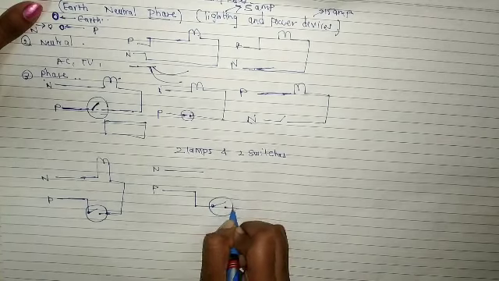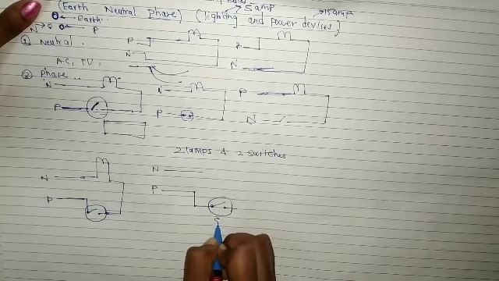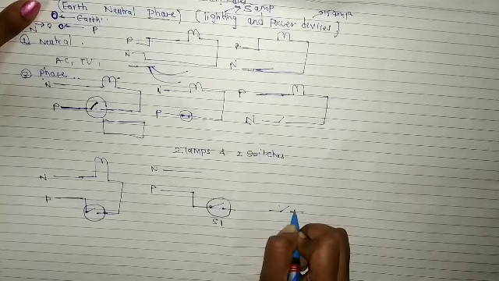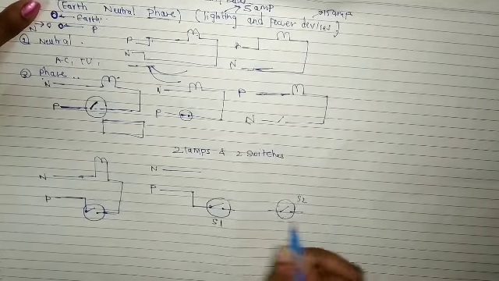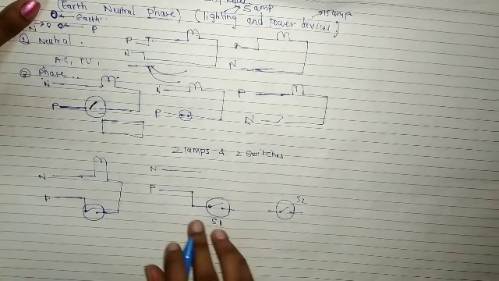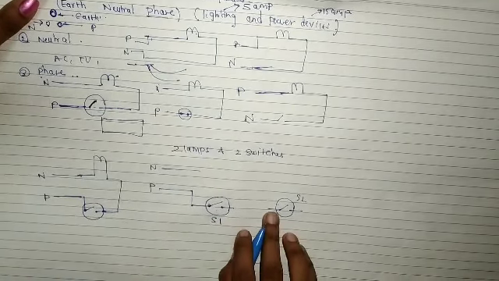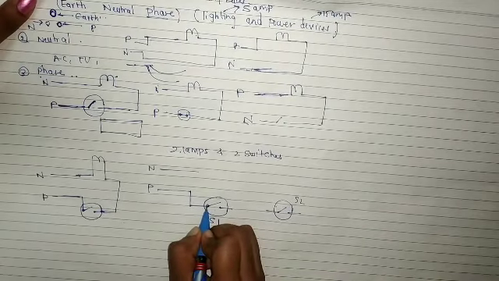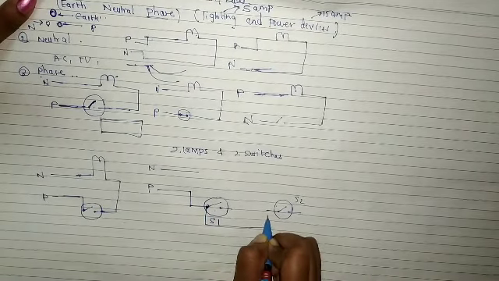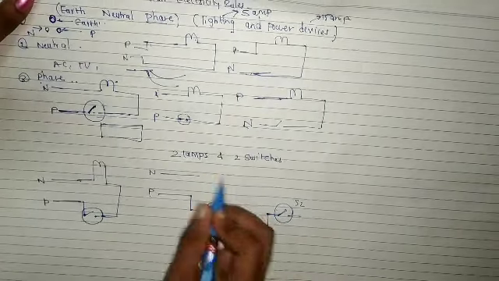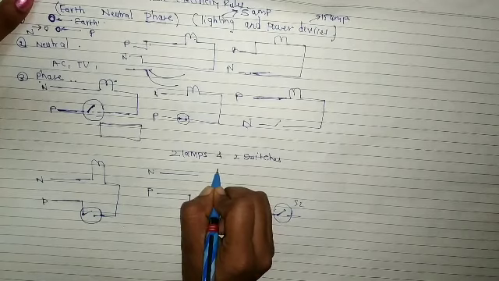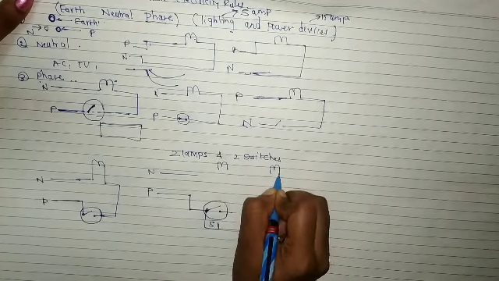This switch is for the first lamp, so this will be switch 1, and let this switch be switch S2. This phase is coming here for the first switch, and similarly we have to give the phase for the second switch. So we'll link this here to the second switch. Now we have to provide the two lamps. So these are our lamps.